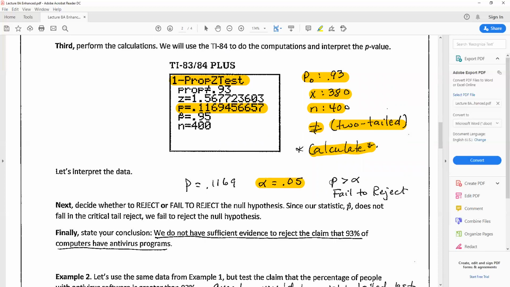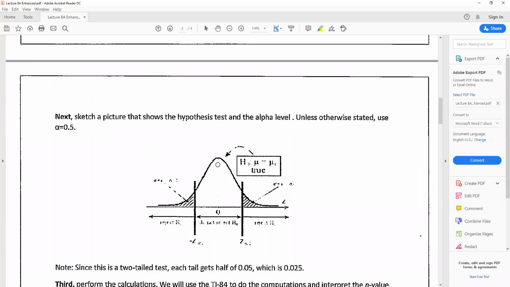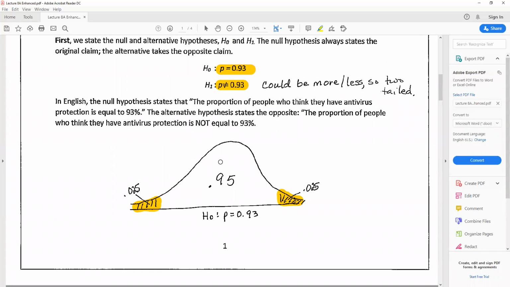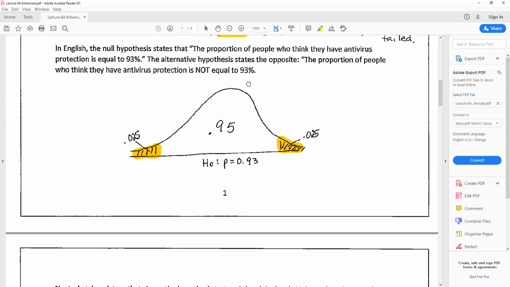In other words, the p-value exceeds the alpha level, and whenever the p-value is greater than the alpha level, we fail to reject the null hypothesis. So what did the null hypothesis claim? Well, if we go back up, the null hypothesis claimed that the percentage of computers is 0.93.